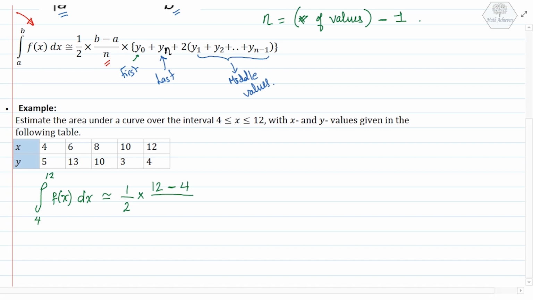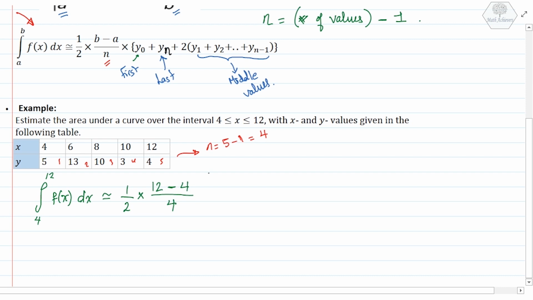In this case, how many values do I have? I have 1, 2, 3, 4, 5. So n is simply equal to 5 minus 1, which is 4.